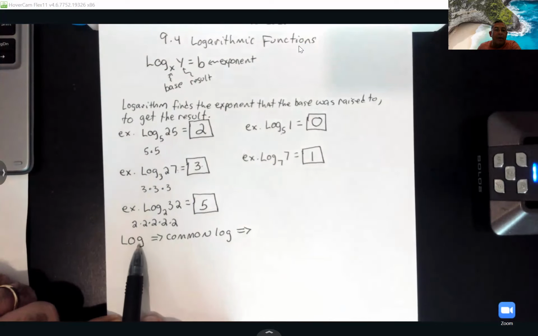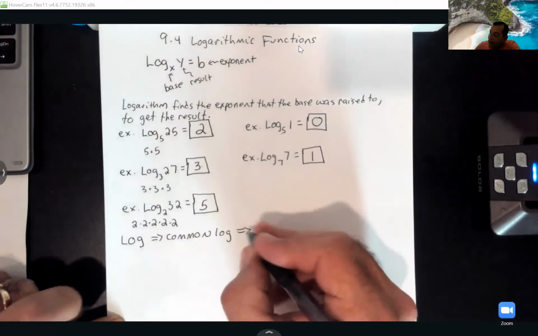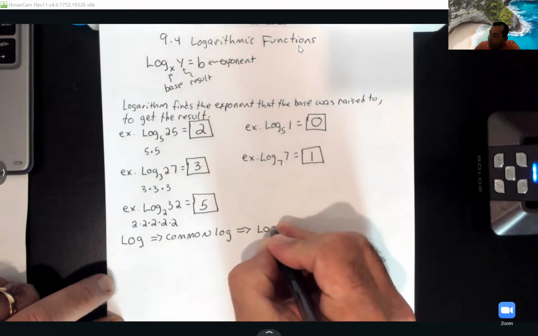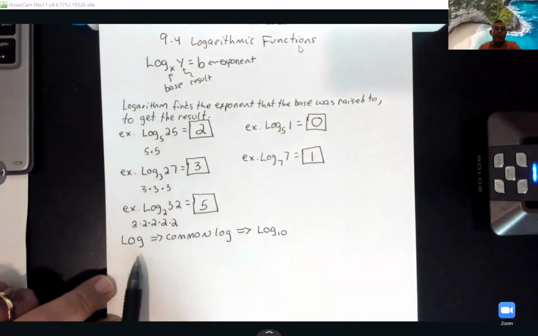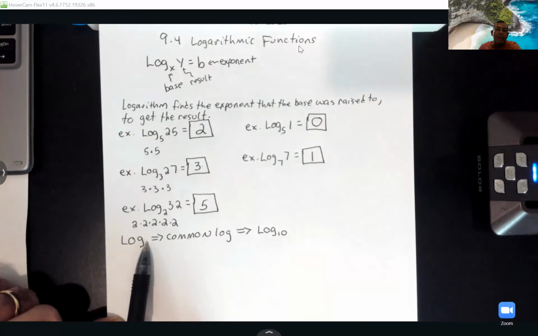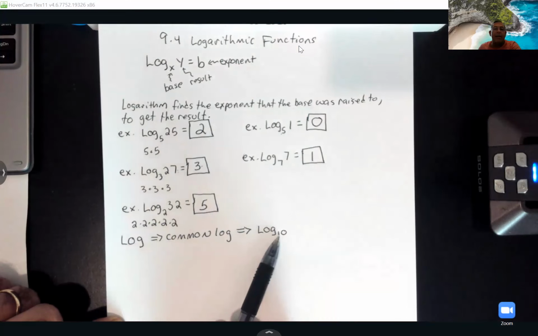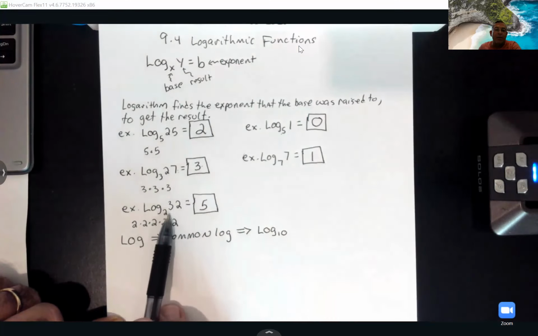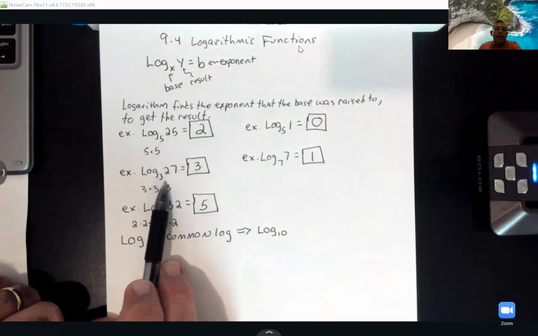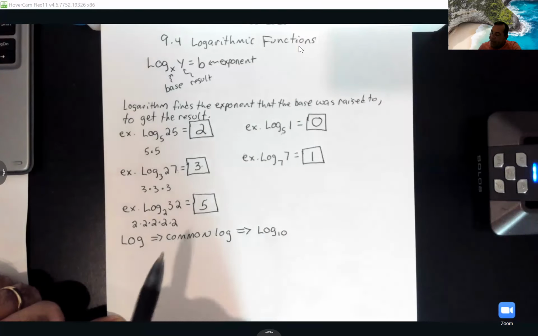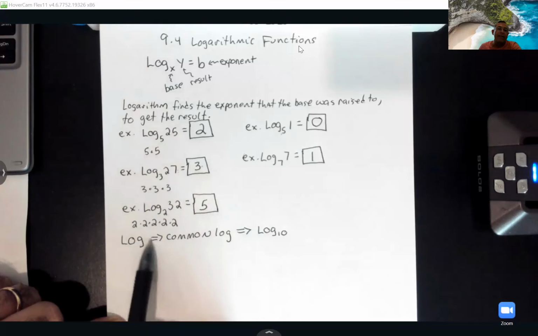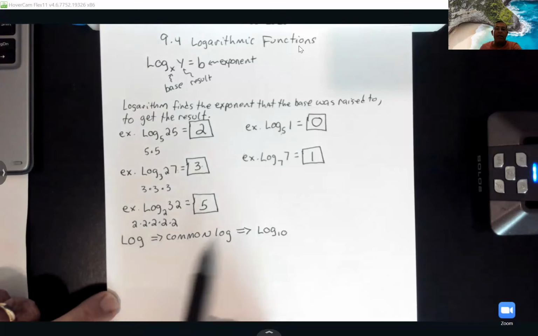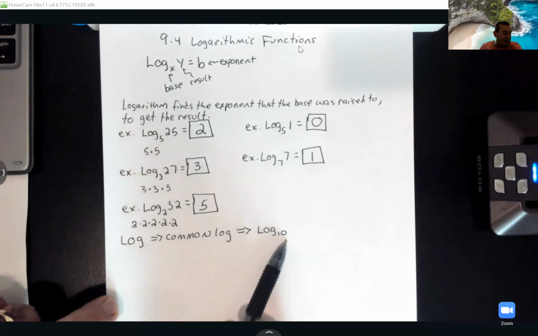And if you see a log like this that does not have a subscript by it, that is a log base 10. So remember, if I don't have a subscript, it's automatically a 10. Any other number like the 2, the 3s, the 5s, you got to physically write them on here, okay? But like I said, this is the common log, and it's always a log base 10.